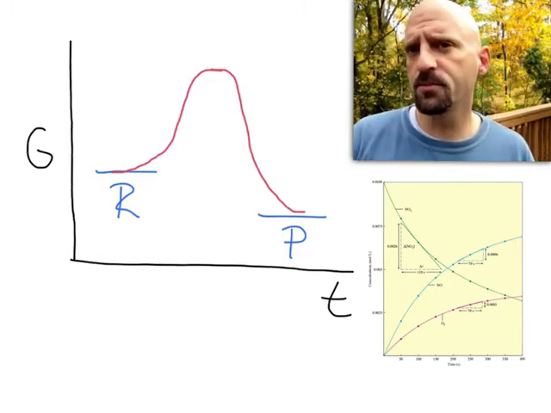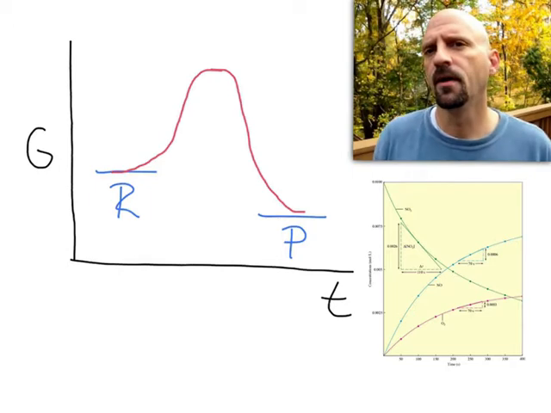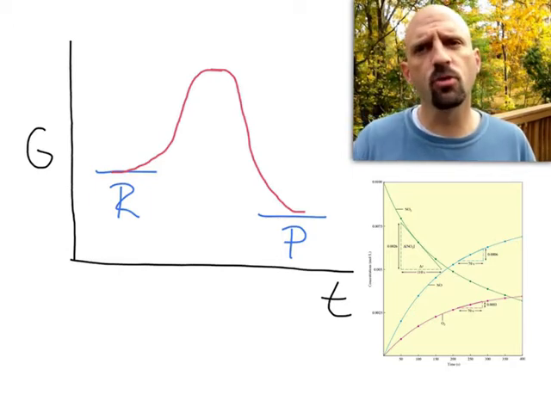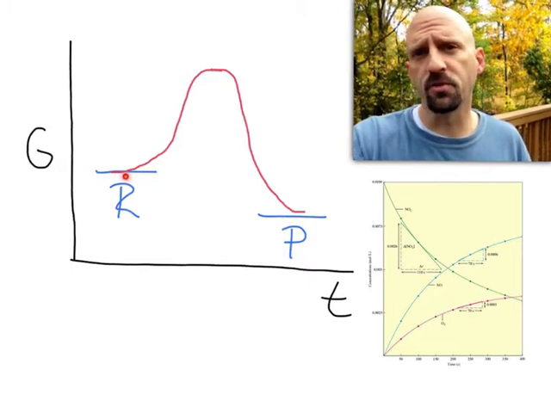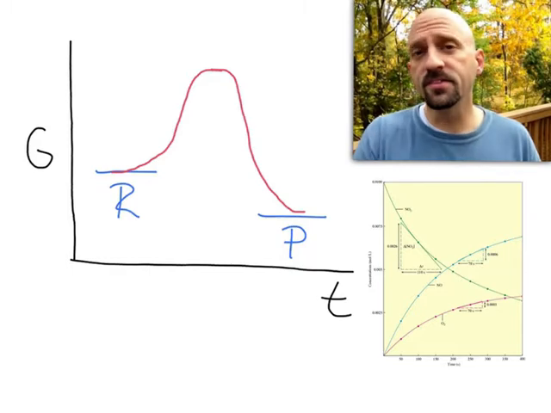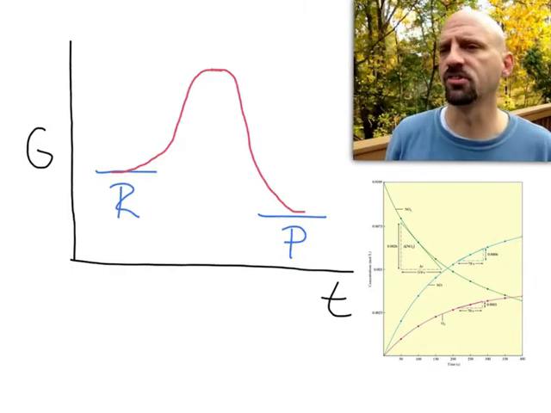So the reaction I'm showing here, the reaction coordinate diagram it's called, if you remember, is this one spontaneous or non-spontaneous? Well, the free energy of the reactants decreases as it turns into products. So this is a spontaneous reaction. It's thermodynamically downhill, as it were.